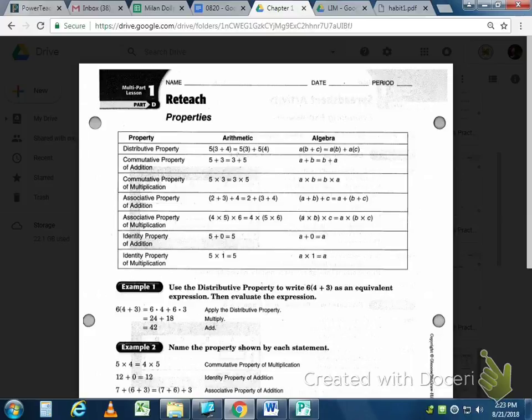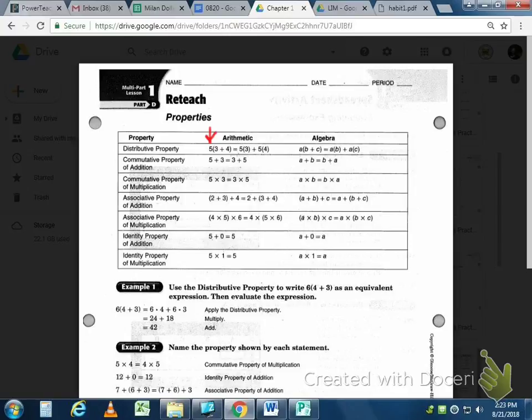So first of all, distributive property. Distributive property is where you have a number or a value in front of a set of parentheses, just like 5. And inside the parentheses, you have either an addition problem or a subtraction problem of two values. So under the arithmetic, our example is 5 times the quantity of 3 plus 4.